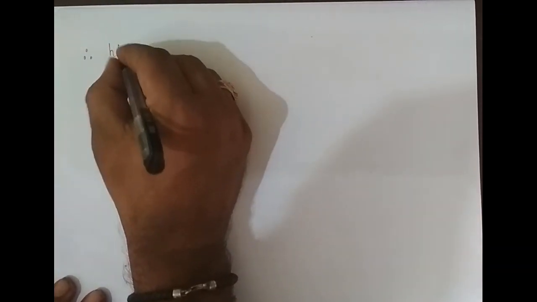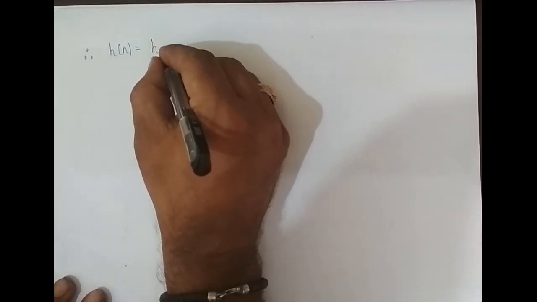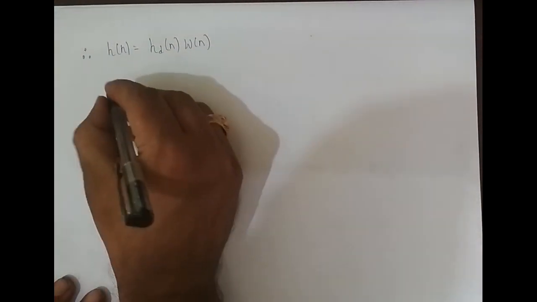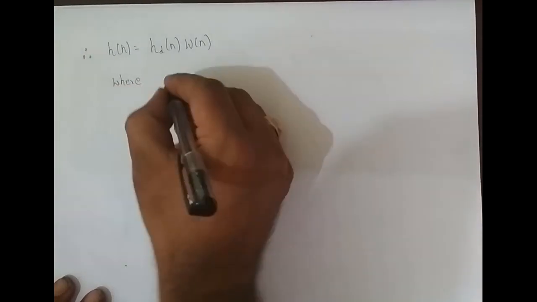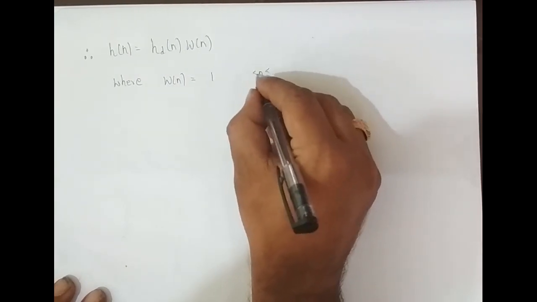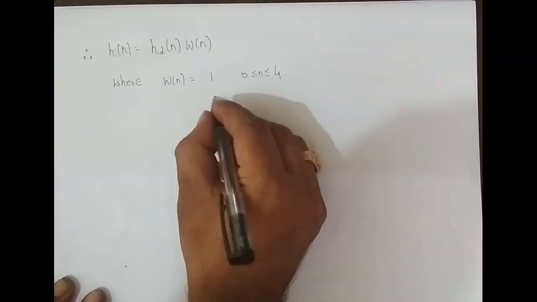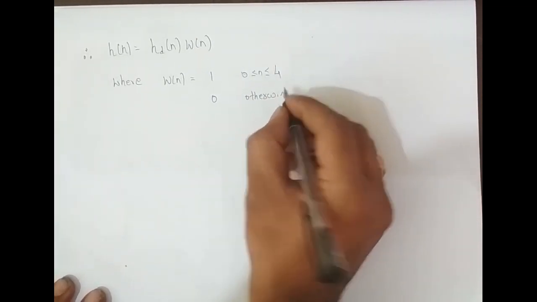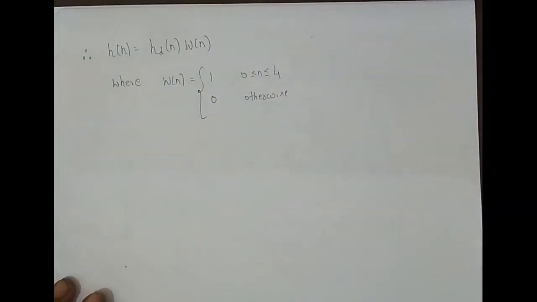So therefore h of n is equal to hd of n into w of n, where w of n is equal to 1 for n between 0 to 4 and equal to 0 otherwise. So it's a rectangular window, right?